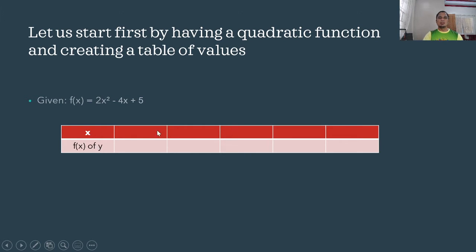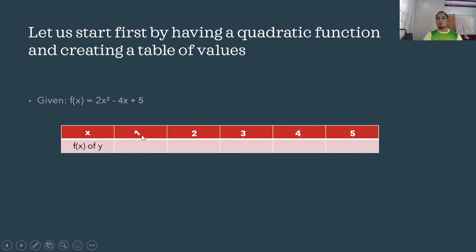With that, hindi ko kinuha yung vertex. Which means, maglalagay lang ako ng number dito. Hindi natin makikita yung parabola dito. So, I started with 1, 2, 3, 4, and 5. And as we all know, if this is the values of x, all we have to do now is to substitute these given values to the function to get the value of y.